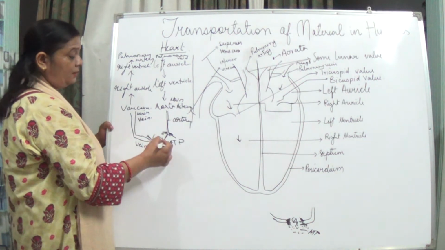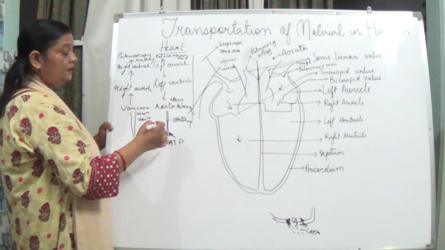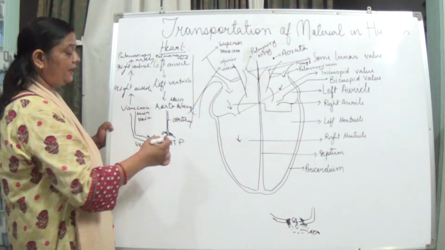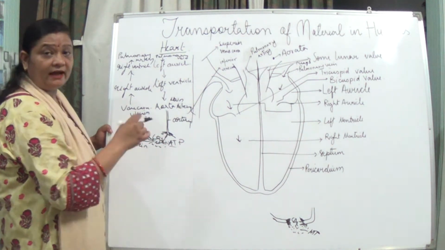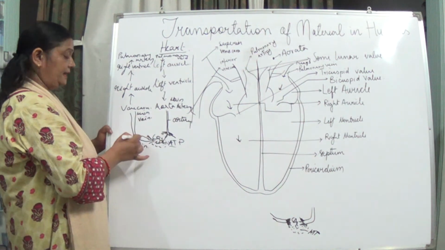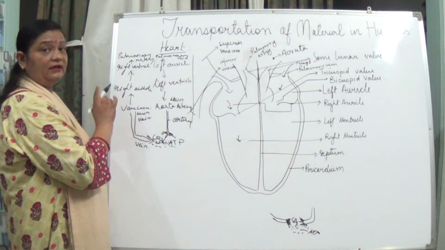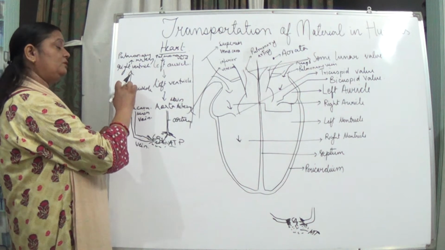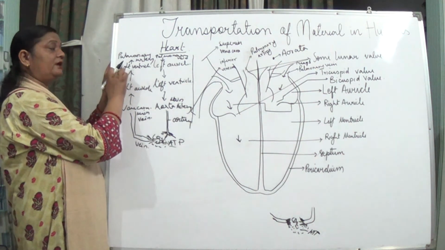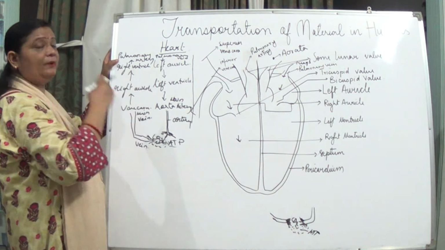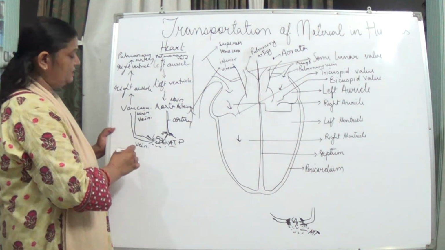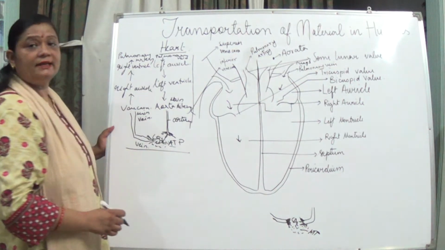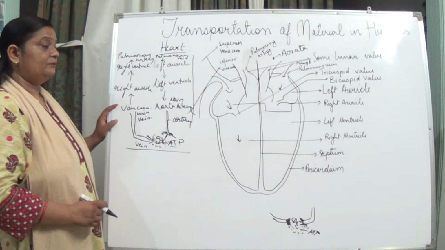Oxygen is used up by oxidizing the digested food, thereby releasing ATP and carbon dioxide. This carbon dioxide is taken again by the blood capillaries and then to the vein, then to the main vein, that is the vena cava, then to the right auricle, then to the right ventricle, and then by the pulmonary artery to the lungs. So this whole process takes place in the circulation of the blood.